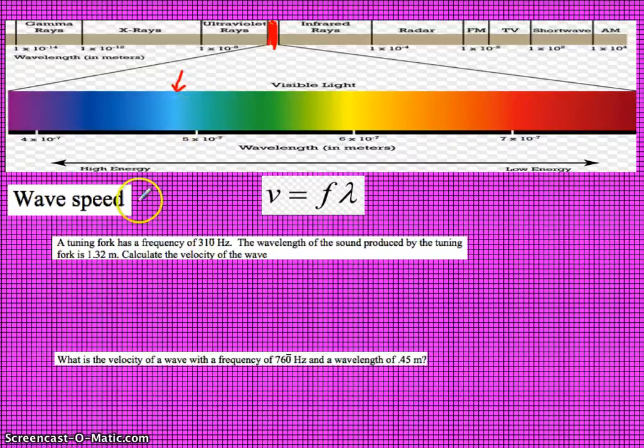Now, we have a formula for wave speed. The formula for wave speed is velocity equals frequency times the wavelength.